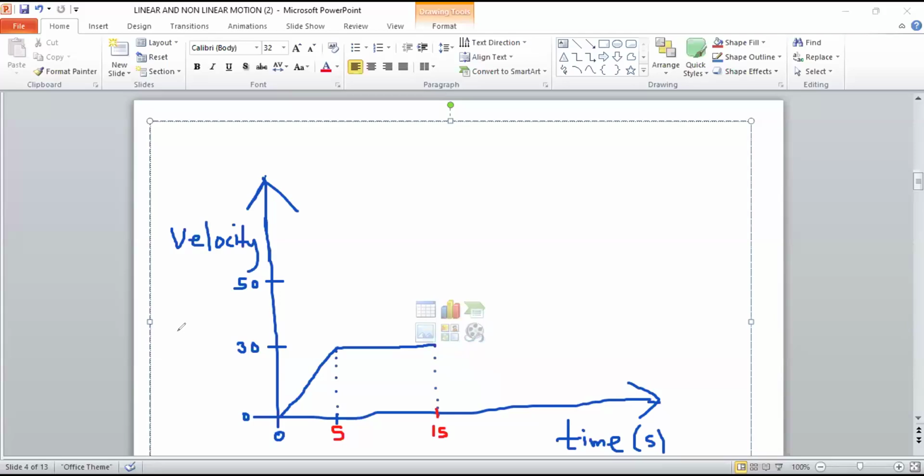Then after that, they told us that we are having acceleration again to 50 meters per second.